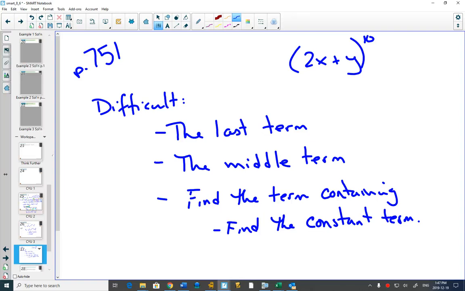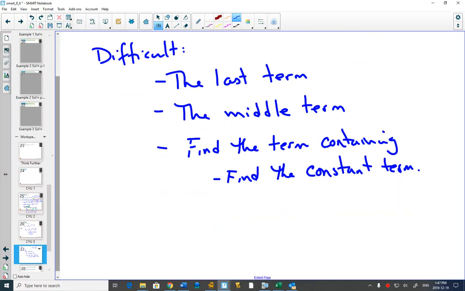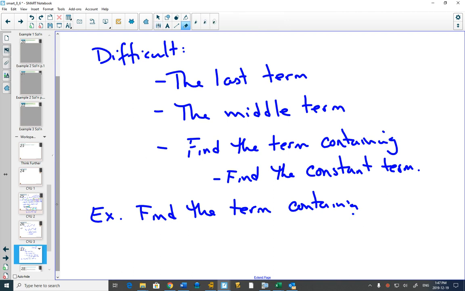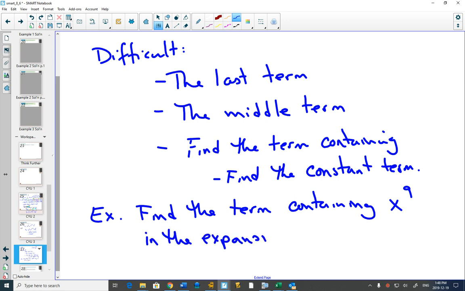So our first example in looking at these: find the term containing an x to the 9 in the expansion of (3x² − 2/x)^9.